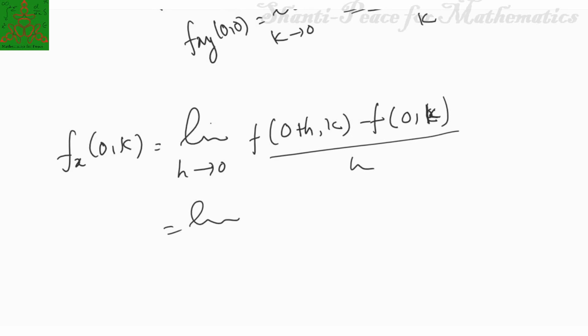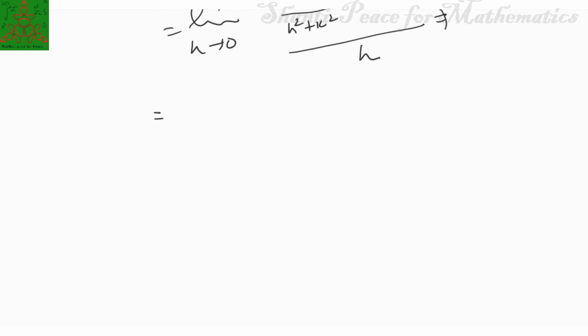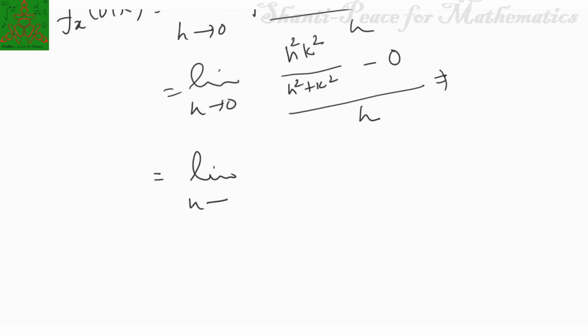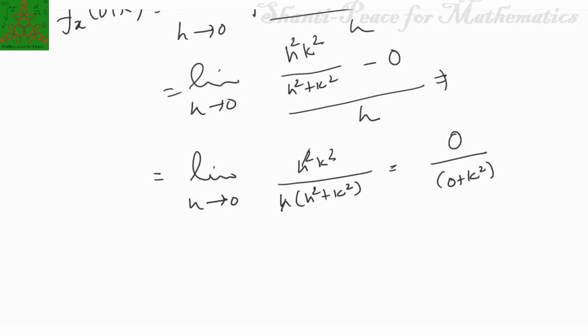As per the definition, this gives limit h tends to 0 of h square k square upon h square plus k square minus 0, upon h. This is h square k square upon h into (h square plus k square). One h is cancelled out here, and as h tends to 0, this is 0 upon 0 plus k square. So this will give you 0.